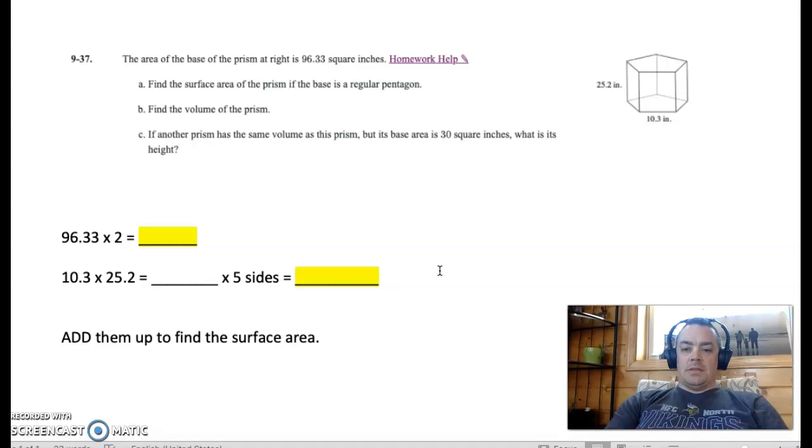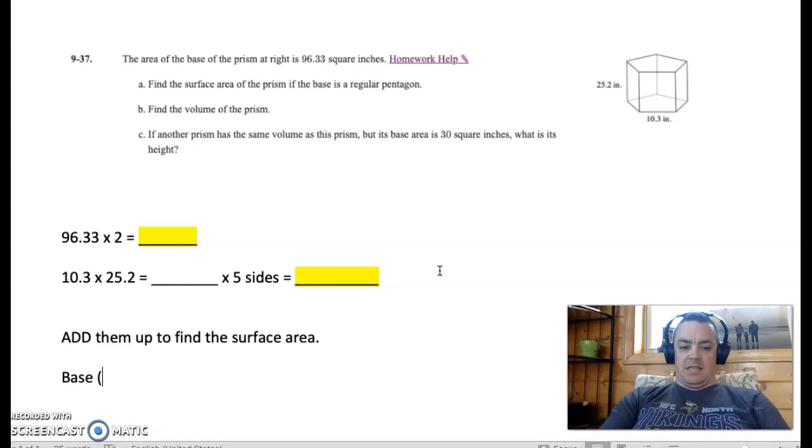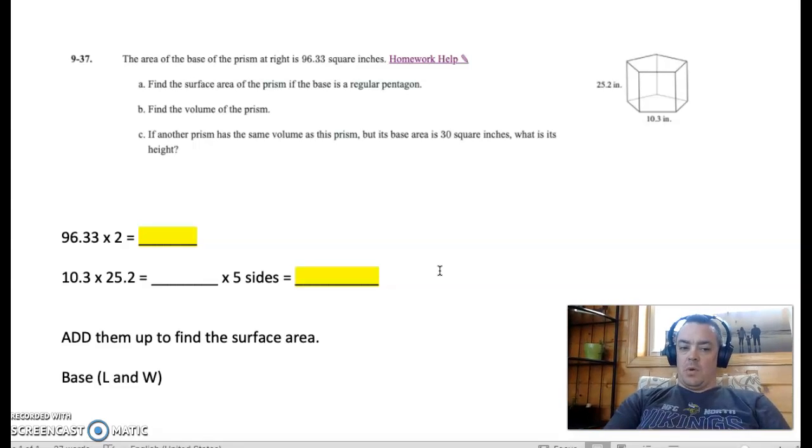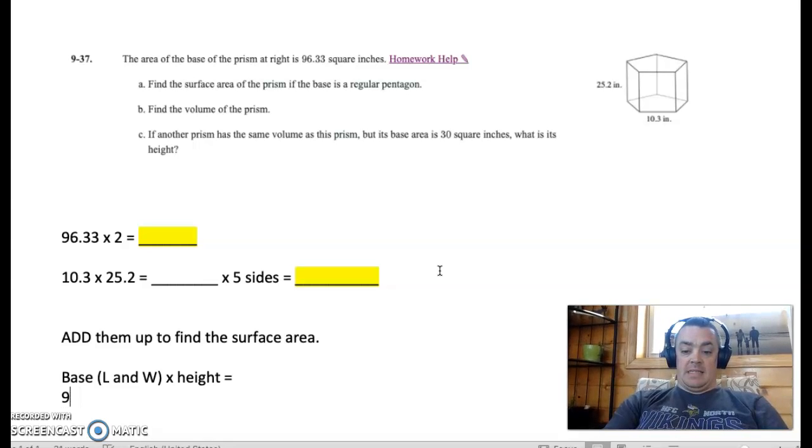Okay, so then volume. Volume, we know the base, because base, which is length and width, we already know what the base is, times the height. Okay, so if we were looking at that, we know our base is 96.33, not 996, 96.33 inches squared.